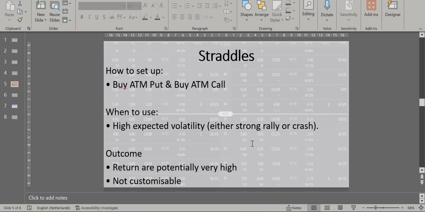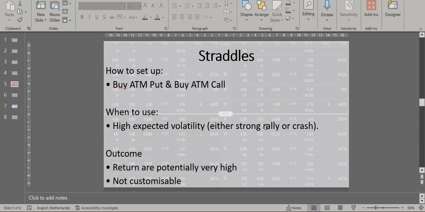When you expect either a strong rally or a crash on the stock. This is especially when there are volatility events coming, such as an earnings release, when stocks usually go up very strongly or go down very strongly as well, and so the return is potentially very high.